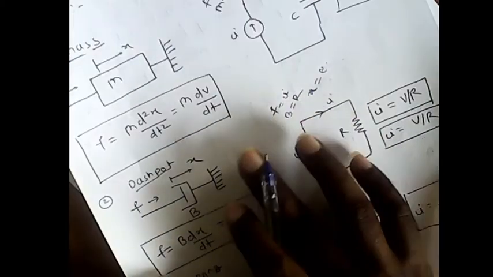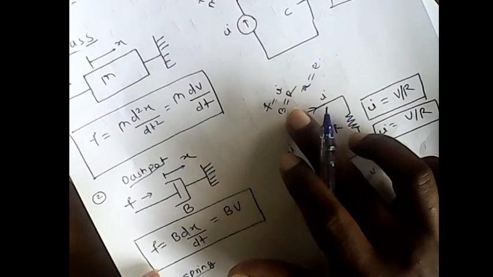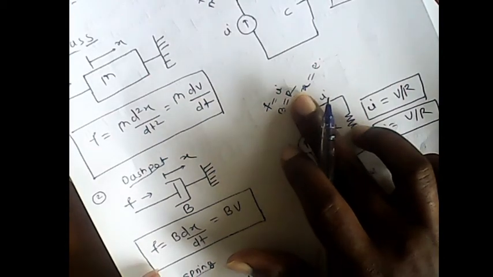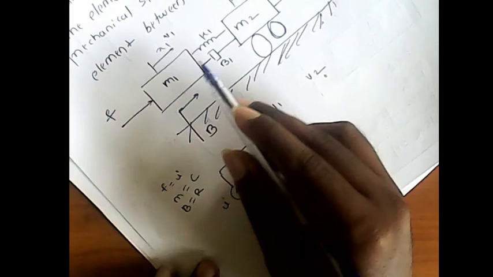We can see this is the dashpot and this is the spring constant. This friction constant is mapped into the electrical network in terms of R, and the force which is applied is in the same direction, parallel to these elements. So the voltage across these elements is equal to V1.